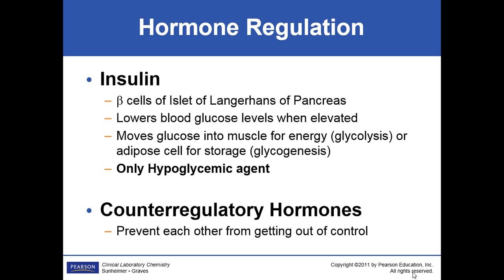I have glucose. Insulin's going to come in and determine what happens to it. So it's basically reducing your glucose because it's taking it for dispersion. Okay? Insulin is the only hypoglycemic hormone.